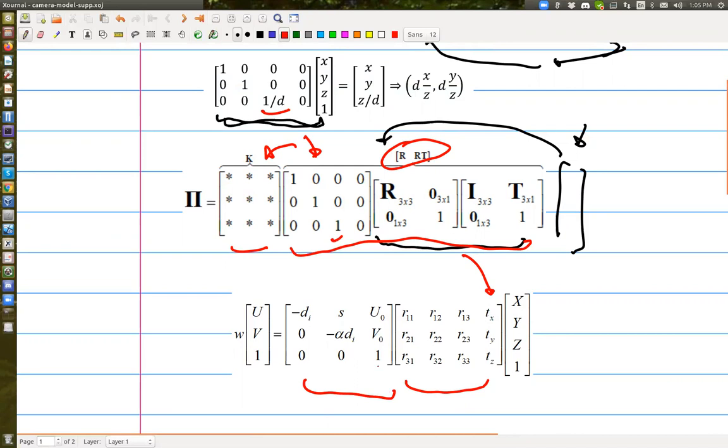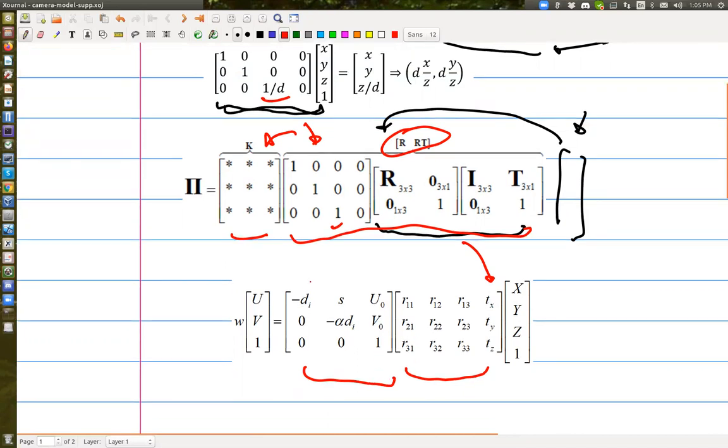In the intrinsic one, as you can see, I can have the scaling. Also, the sensor center can be offset. If the sensor center is right at the middle, then U0 and V0 are equal to 0.